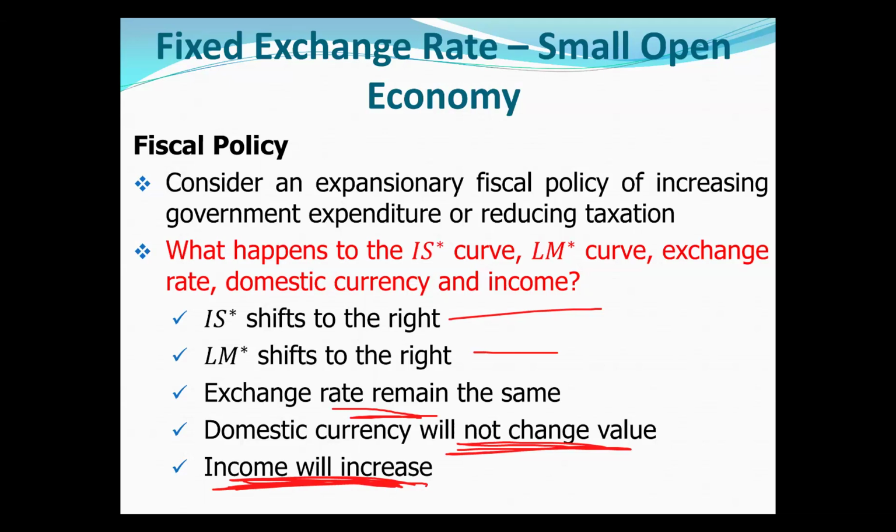When you hear it's an expansionary fiscal policy, first of all, ask yourself, is this an open economy? Then what exchange rate regime are you working with? Is it fixed or floating? Because if it's floating, nothing happens to income. But if it's fixed, now these are the changes that will happen.